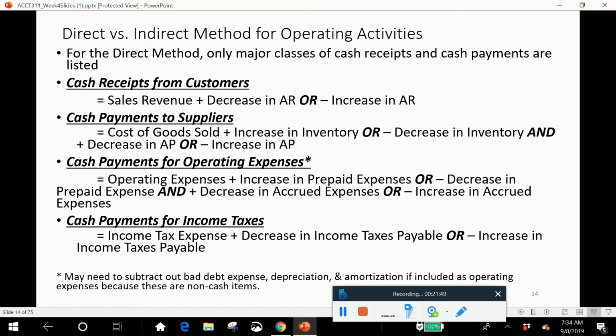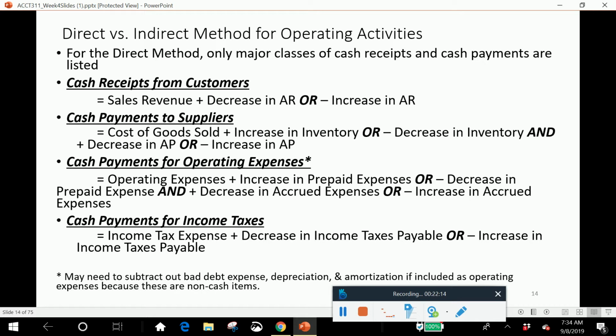So cash receipts from customers, we're going to start with our sales revenue from our income statement, and then we're either going to add if there was a decrease in accounts receivable, or subtract if there was an increase in accounts receivable. So not both, but one or the other, depending on the direction of your balance sheet.